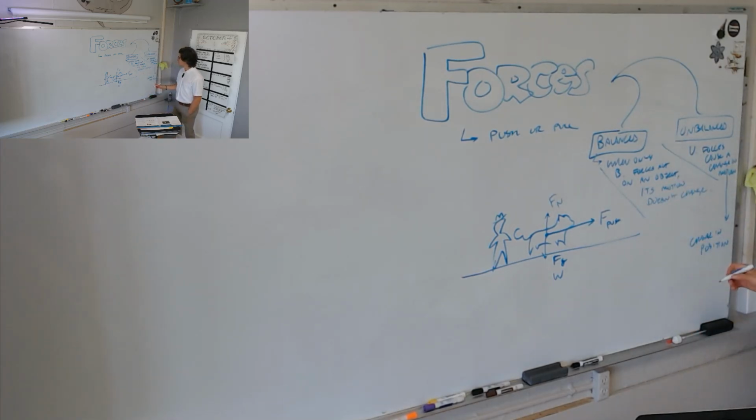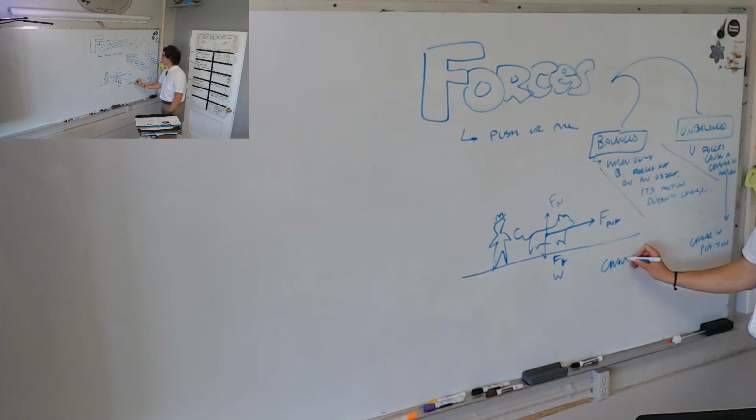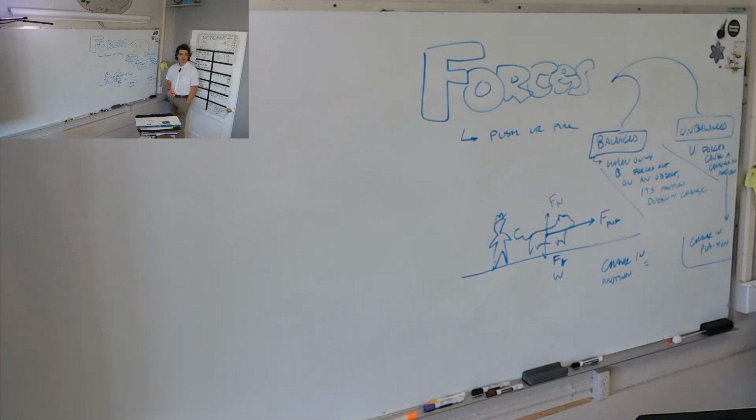There's a name for this change in motion. Change in motion, not to be confused with motion itself. Remember, motion is a change in position. That's over here. A change in motion is called, does anyone know from your vocab, what's a change in motion called? You should know from your vocab.